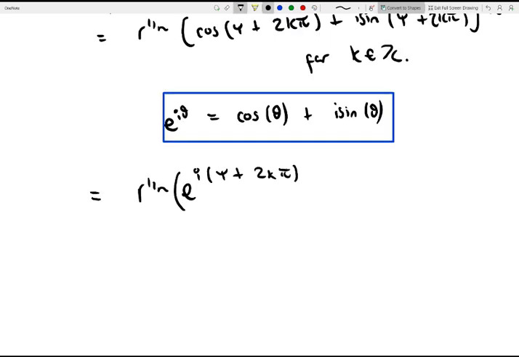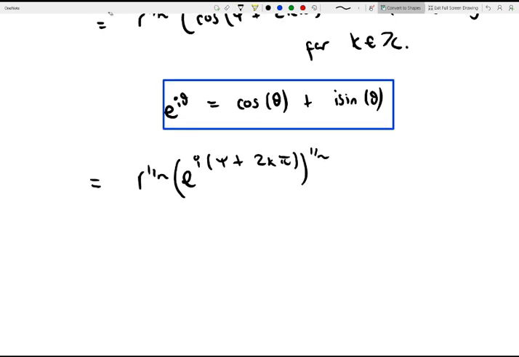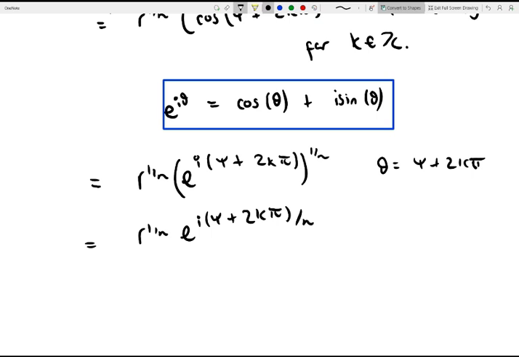And don't forget, this is all still to the power of 1 over n, where theta equals phi plus 2k pi. And using rules of exponents, we can incorporate the 1 over n. So we have i times phi plus 2k pi all over n.